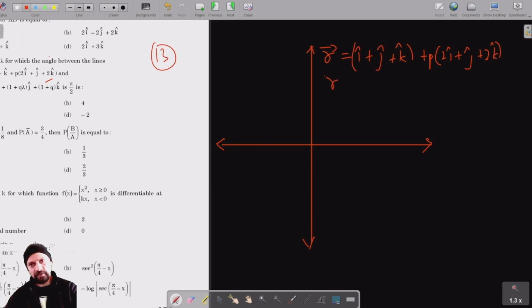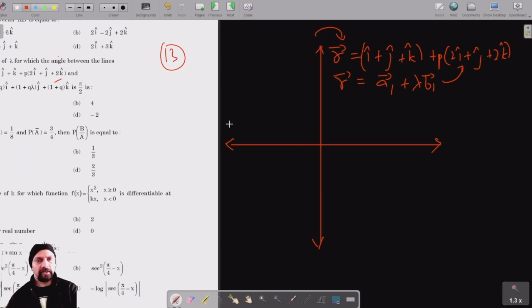If we compare this with the equation a1 vector plus lambda into b1 vector, which is the vector equation of the line, this b1 vector is the vector to which this line is parallel. So this is the equation of this line.